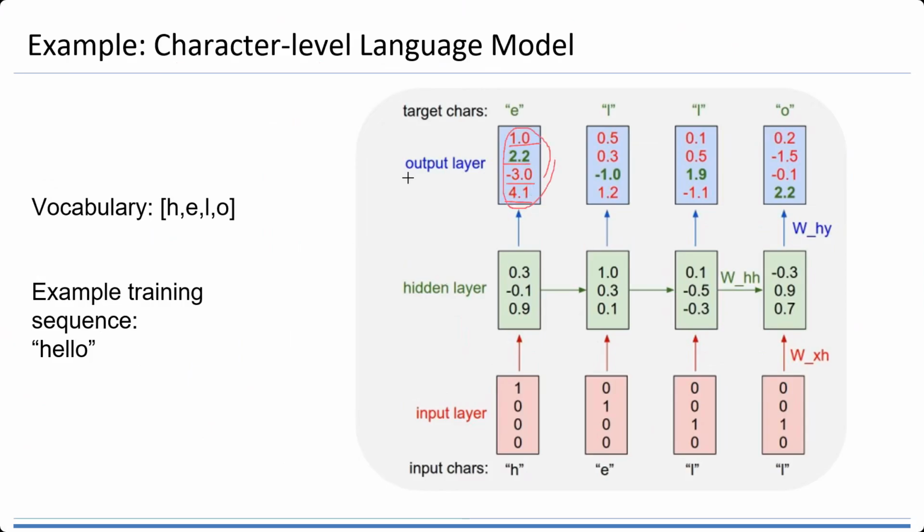Usually with this kind of output layer, you need to do more than just use the values. For example, using the logits, or some more functions, to make it a probability. You cannot directly use this value to predict something. But after we apply the function, we can determine the target character is E.